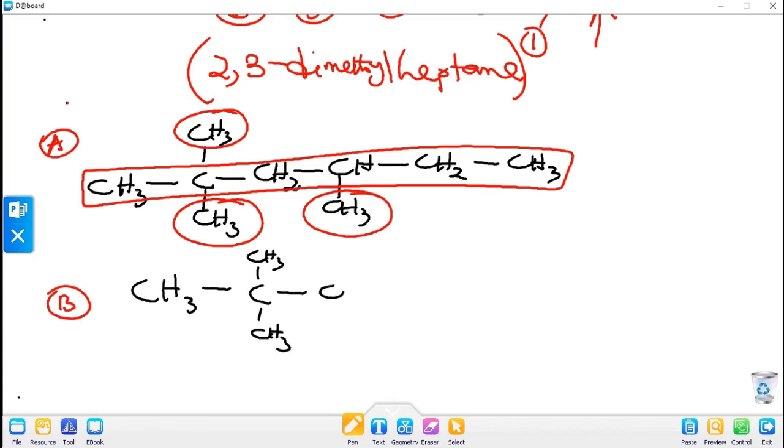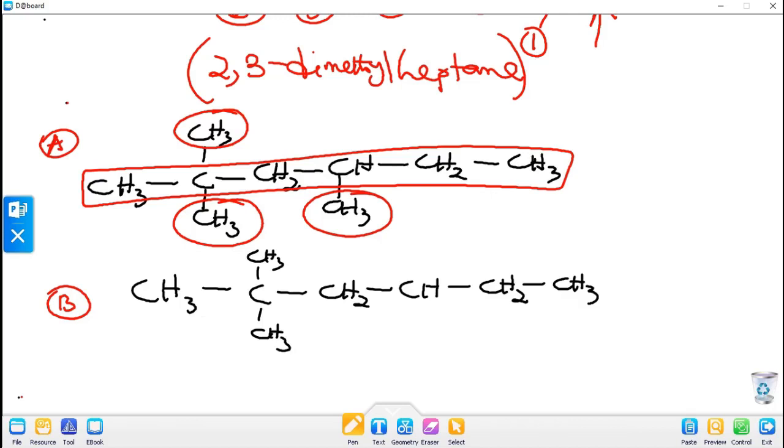CH3, CH2, CH, CH2, CH3. For student B, he may choose to go this way. Student B may choose to go another way, not by taking the straight chain.